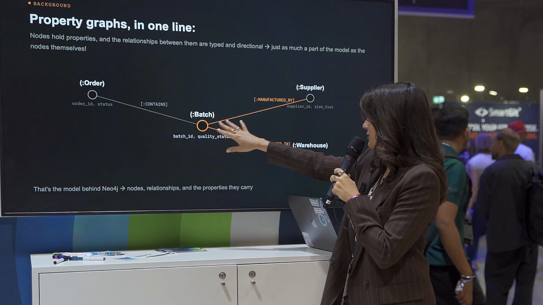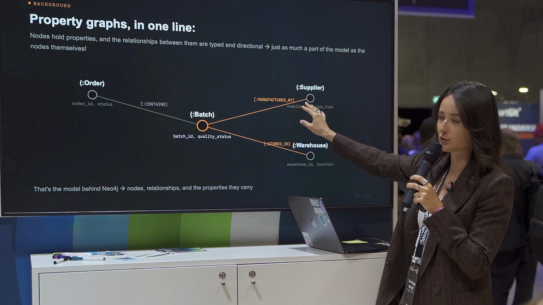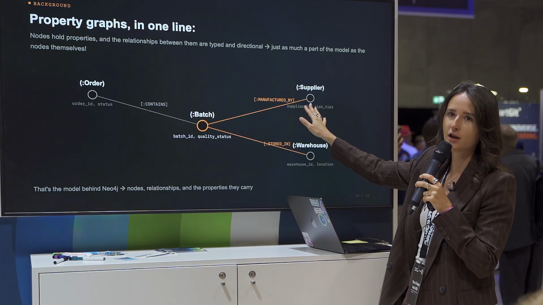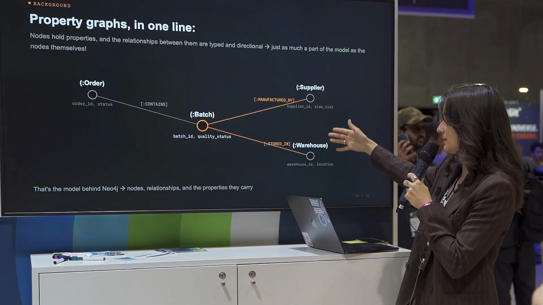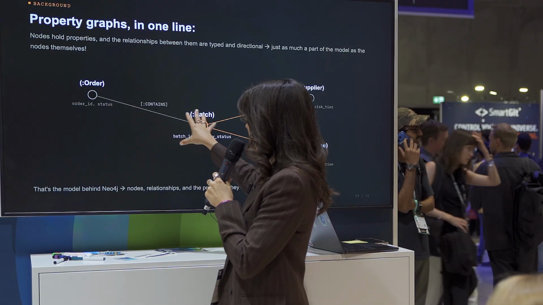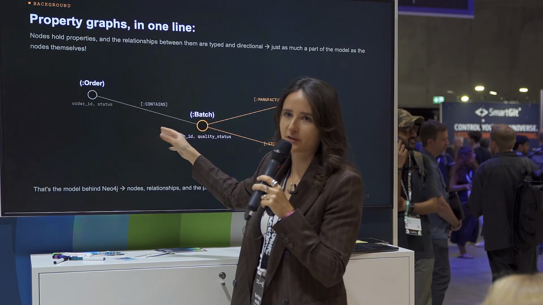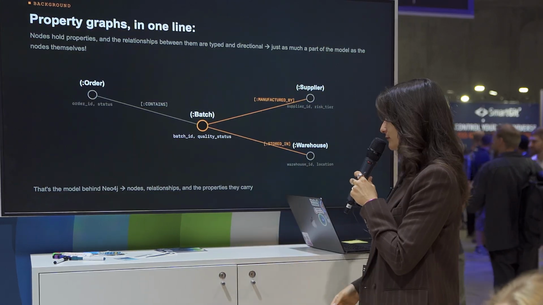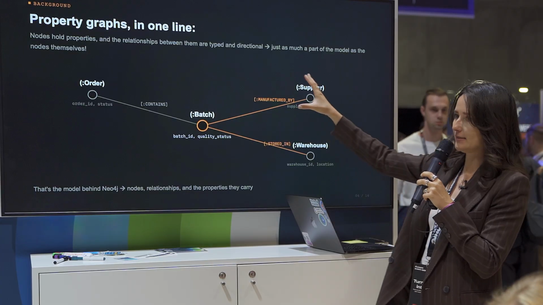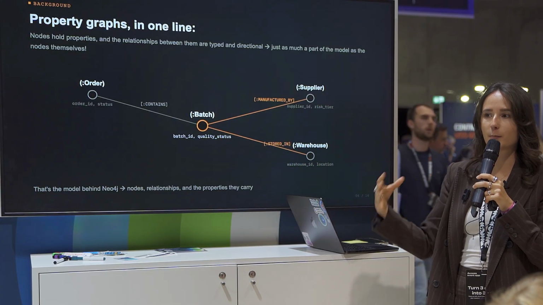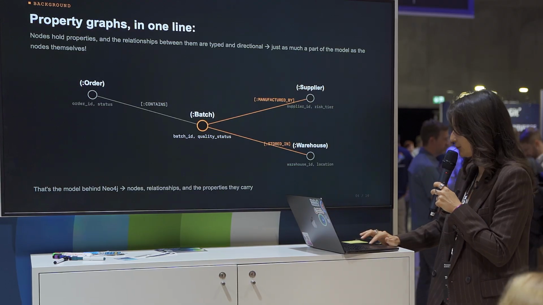The batches are also connected to suppliers, so the batches are manufactured by suppliers with different IDs and different risks. But you can also see that the orders contain different batches, because different hospitals are ordering different products. All of that is relevant if we want to ask complex business questions.